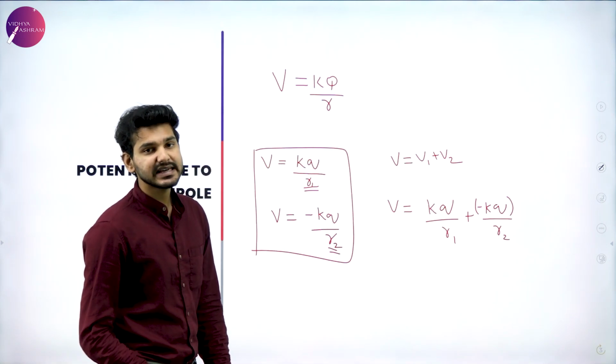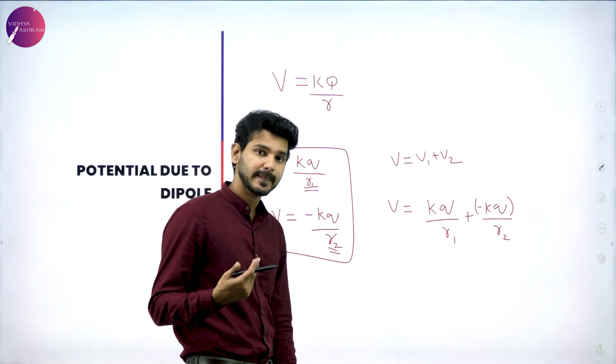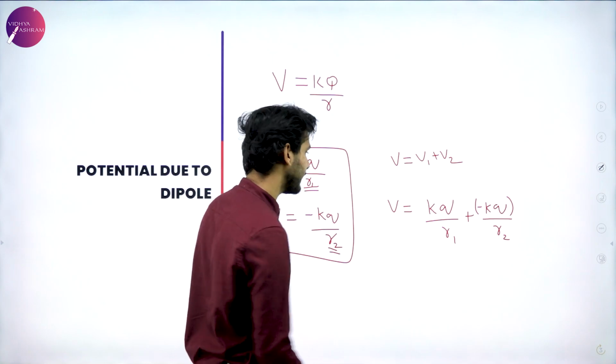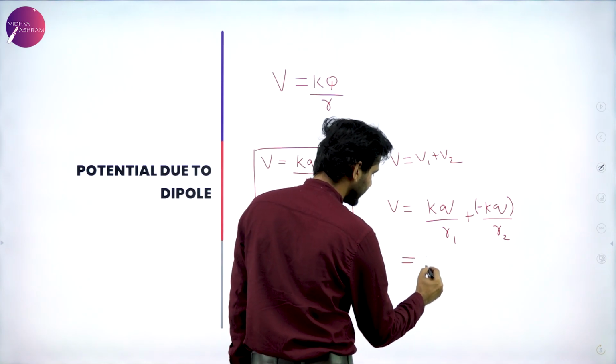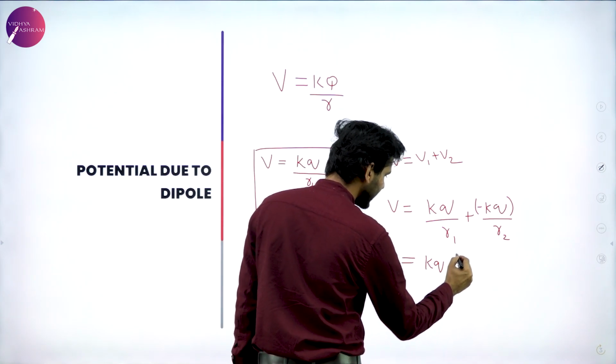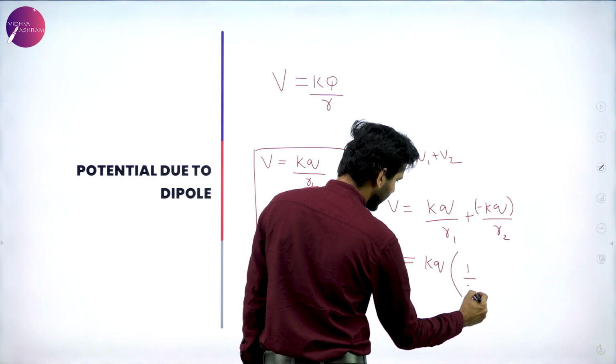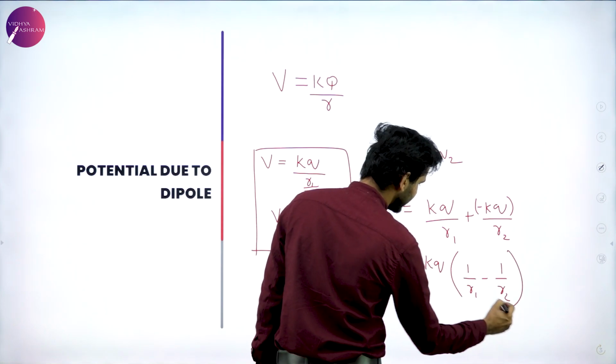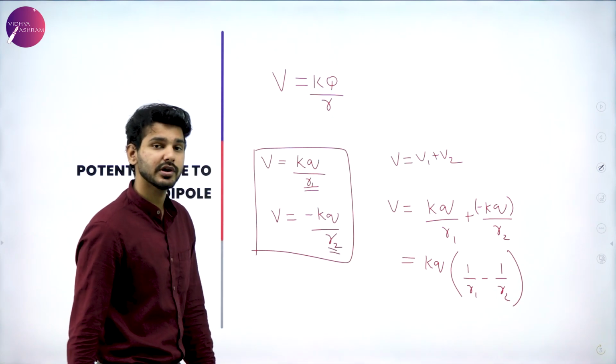It is just saying that for that particular charge, the potential is negative. So we can bring KQ outside, and the total potential at that particular point is 1 by R1 minus 1 by R2.